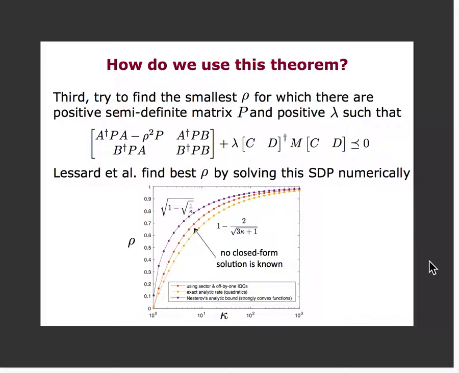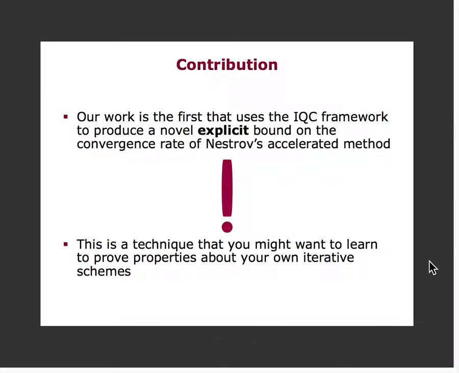And now the question is, can we actually solve this SDP in closed form so that we can get a closed form expression for this? Okay, so we can actually get an explicit bound from this IQC framework by solving this SDP explicitly.